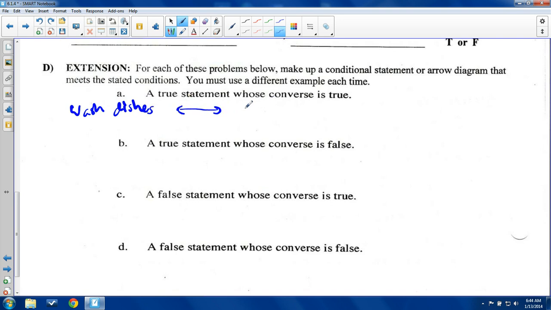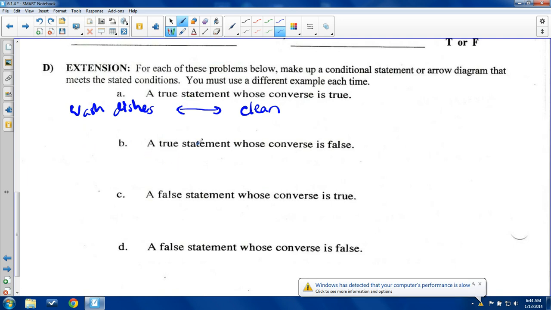If I wash dishes, then they will be clean, right? So dishes will be clean. The converse says, if I have clean dishes, that means I washed them. And I do want to say that that's always true. Obviously, even when you buy new dishes, you still want to wash them beforehand. You want to make sure they're clean, right? Even when you buy them first. So let's say if dishes are clean, that means they've been washed. Likewise, if you wash dishes, that means they're clean. That makes that true.